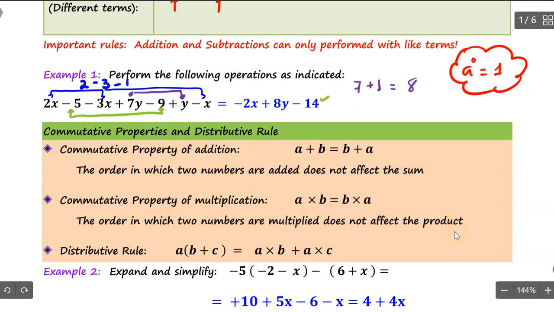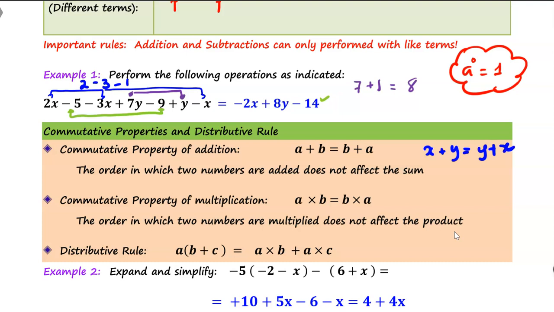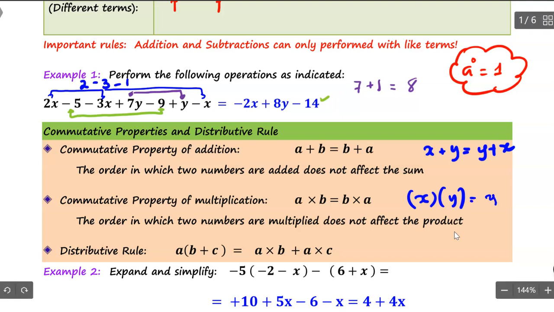So for example, if I write x plus y, it's the same thing as I write y plus x. Okay, so if I say x times y, I put a bracket around these two to say that I multiply these two, then it's the same thing as I write y times x.